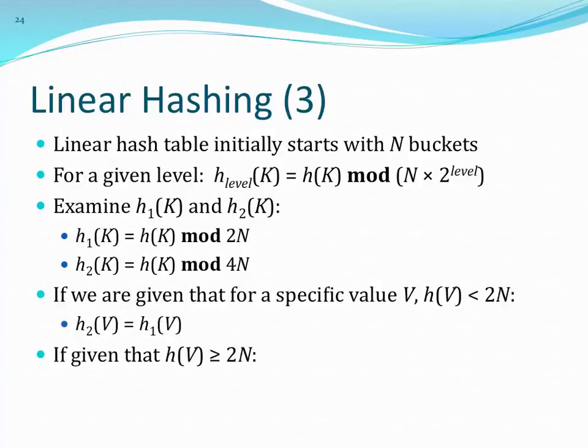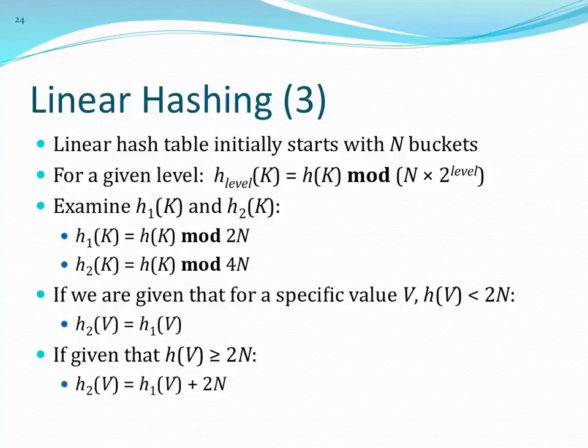Now, if we're given that h of v is greater than or equal to 2n, again, what's the relationship between these two? Again, you can come up with a very straightforward expression that relates the two hash functions. h2 of v will be, it's not just twice, but it's 2n plus the first one, because we're modulo, right?